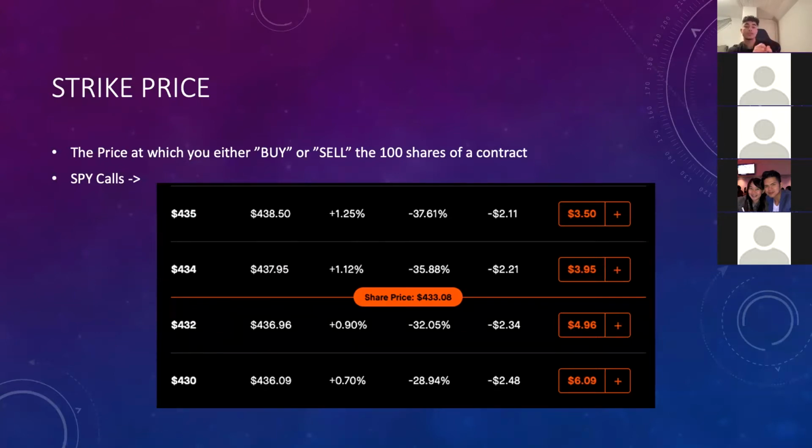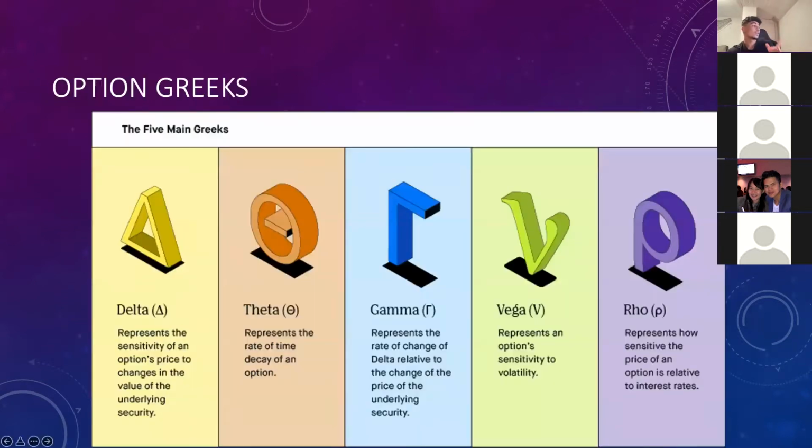If your theta value is very high, it means that your contract is out of the money and it's going to lose value very fast. This is what we reference as time decay, meaning as you get closer to the day of expiration for a contract, if you are out of the money, then your contract will continue to lose more and more value until 4 p.m. on that given expiration date.